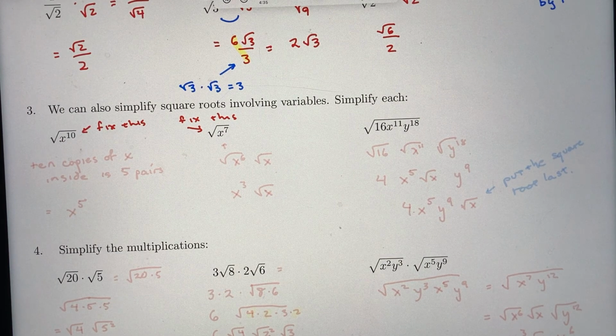But square root of x to the 10th, if we have 10 copies of x on the inside, that's 5 pairs. So it's going to end up being x to the 5 on the outside.